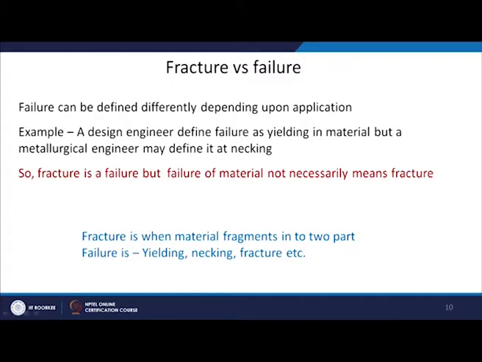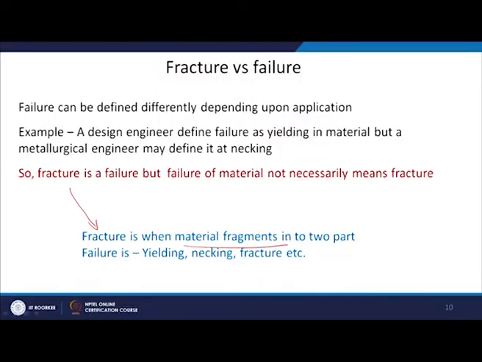So, I can say fracture is a failure, but failure of material not necessarily means fracture. Fracture is another type of failure. Fracture is when material fragments into two parts or multiple parts, whereas failure can be yielding, can be necking, can be fracture, etc.